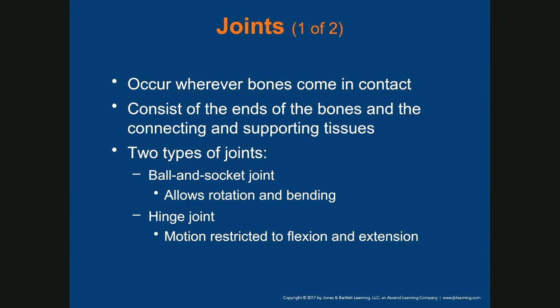The ball and socket joint allows rotation and bending, and the hinge joint has restricted motion, but you can have flexion and extension. The more freely a joint can move, the easier the possibility for it to be injured.